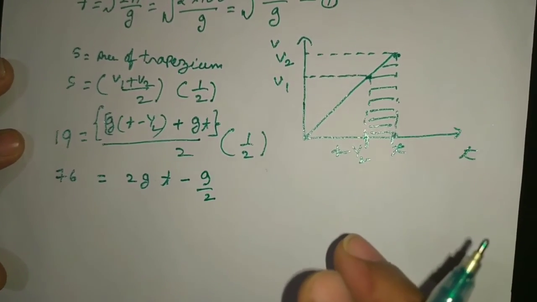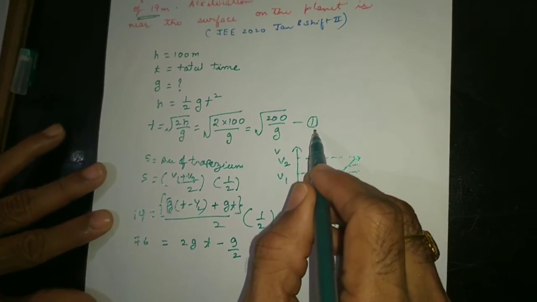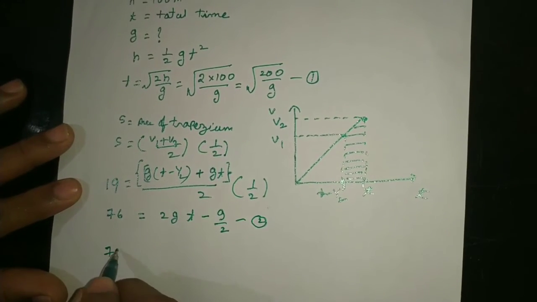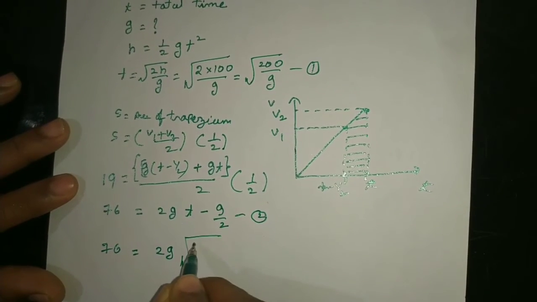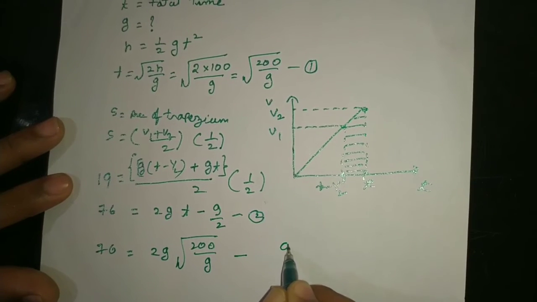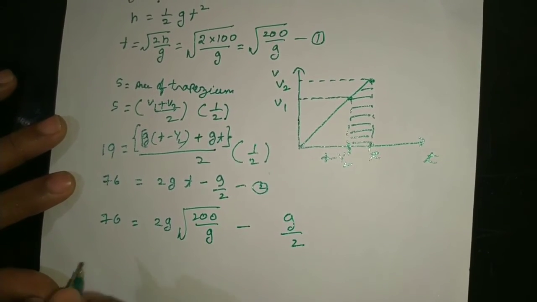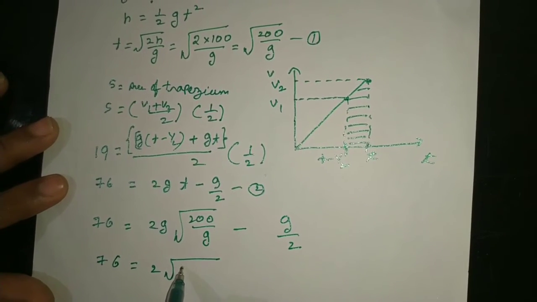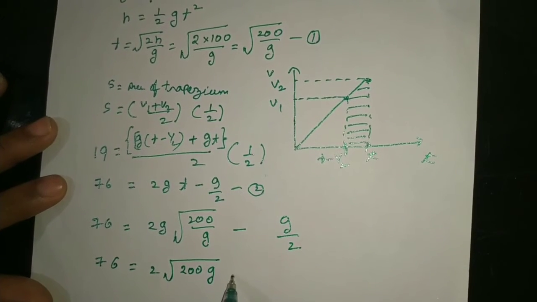We substitute the t value from equation 1 in this second equation. 76 is equal to 2g into square root of 200 by g, minus g by 2.